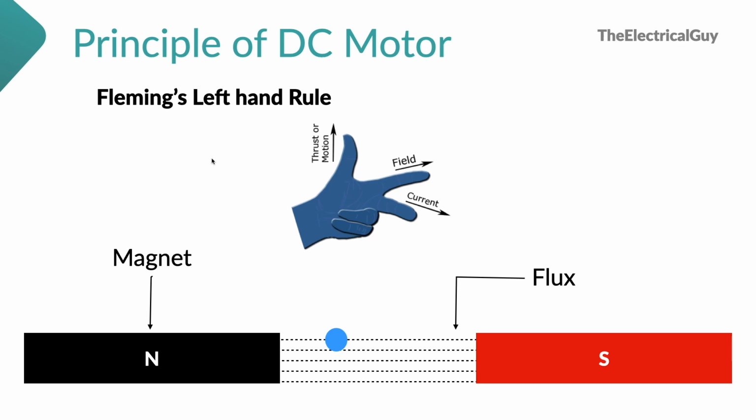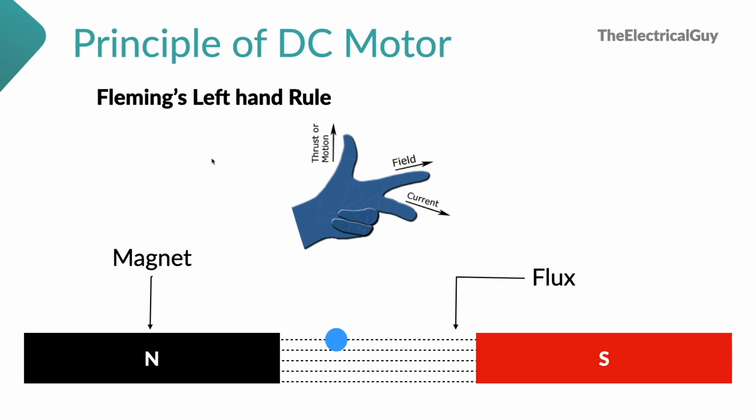If your index finger is indicating the magnetic field pointing from N to S pole, then the thumb will indicate the direction of force which will act upon the conductor, and the middle finger indicates the direction of current. So that is left hand rule used to find out the direction of rotation of conductor in case of DC motor.